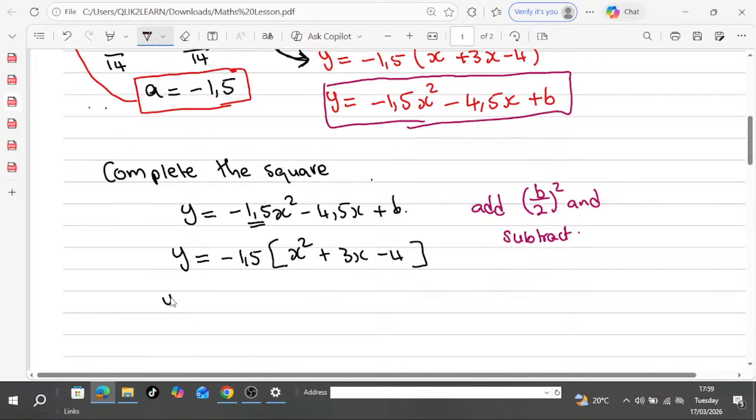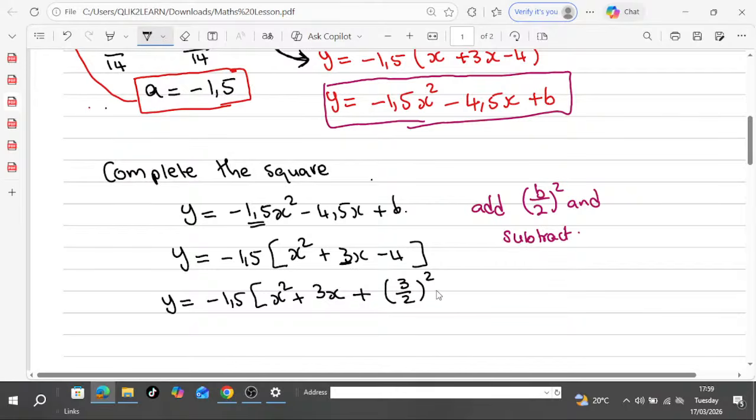So y equals minus 1.5 into x squared plus 3x. Then after 3x, we're going to add that. What is the value of b? It is 3. So this will be 3 over 2, and this is squared.